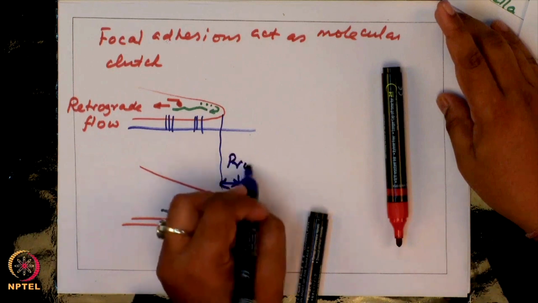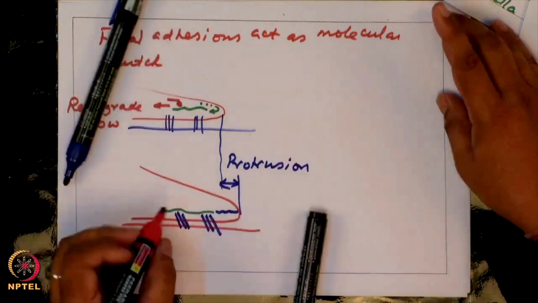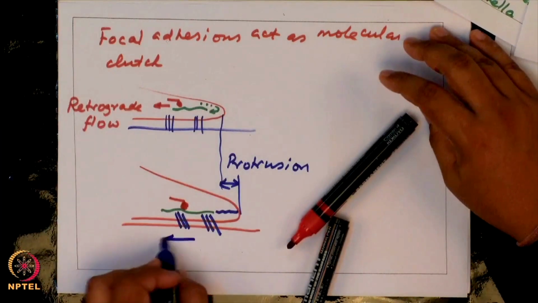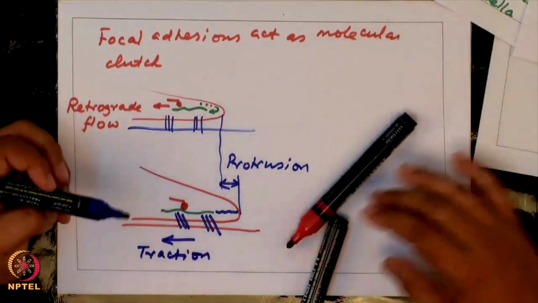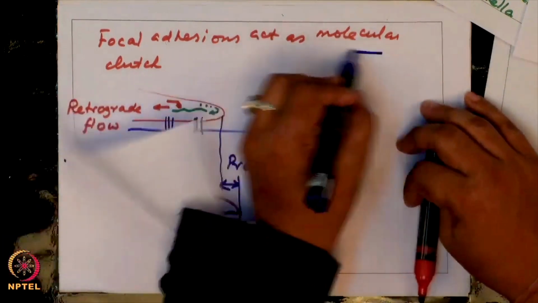So, this is your protrusion, and the myosin motors pulling on the filaments will cause traction at the base. This is called a molecular clutch.